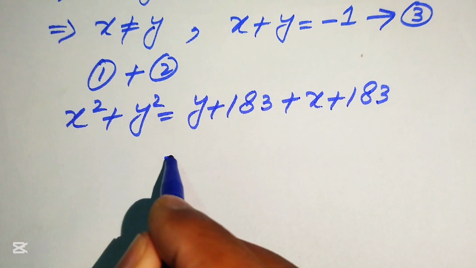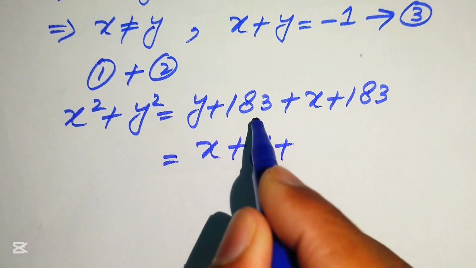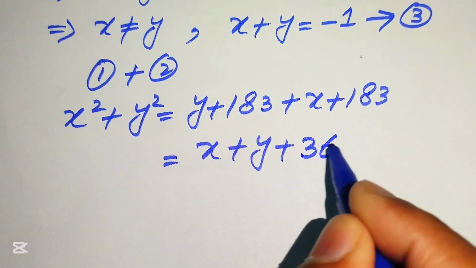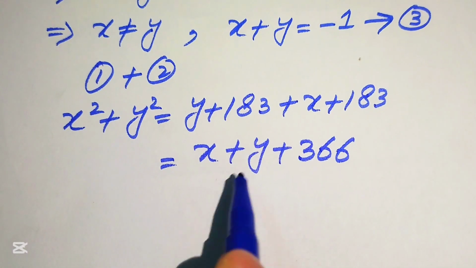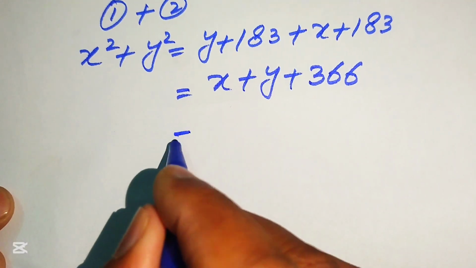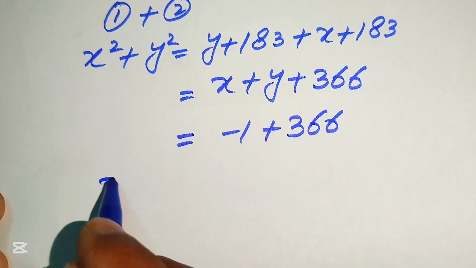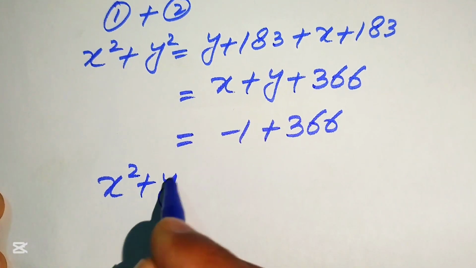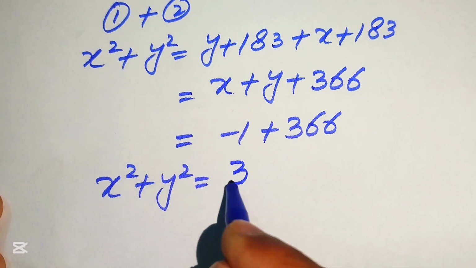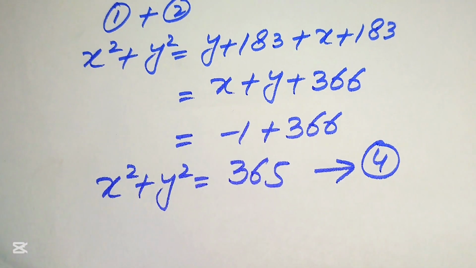Okay, so here we have x plus y plus 183 plus 183, which is 366. So we can substitute the value of x plus y equals minus 1 here, and it will be written as minus 1 plus 366. So you get the value of x square plus y square equals minus 1 plus 366 equals 365, and we call this our equation number 4.